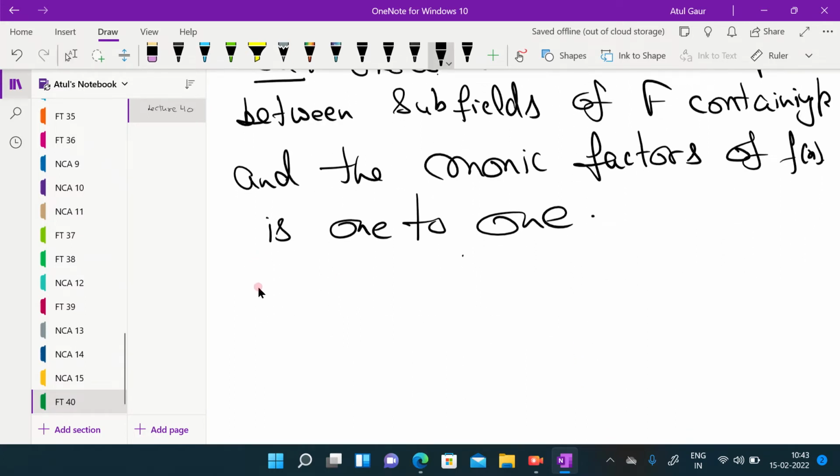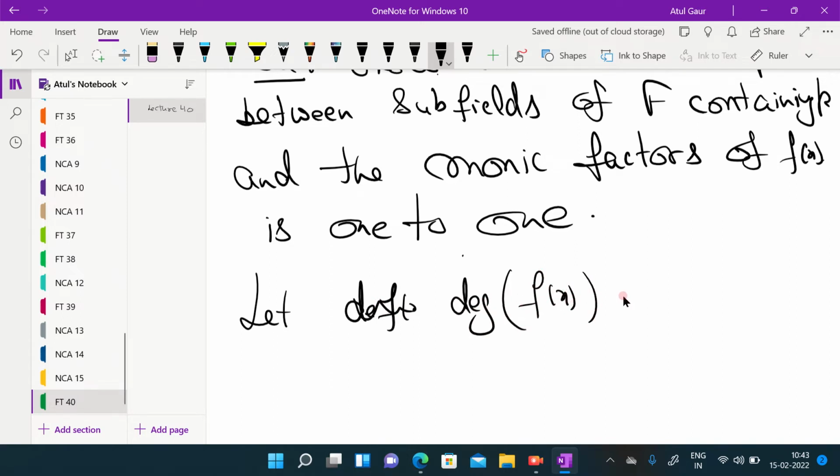सपोज यू हैव द डिग्री ऑफ f(x) इज n. तो नेचुरली इनफाइनाइट तो नहीं हो सकता है, राइट?